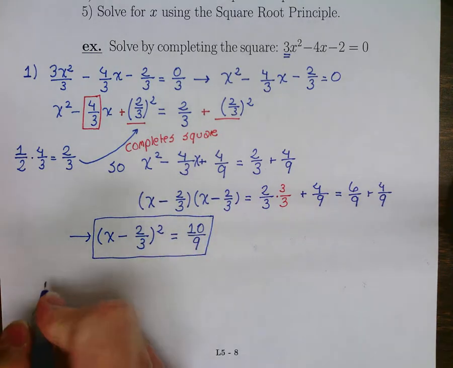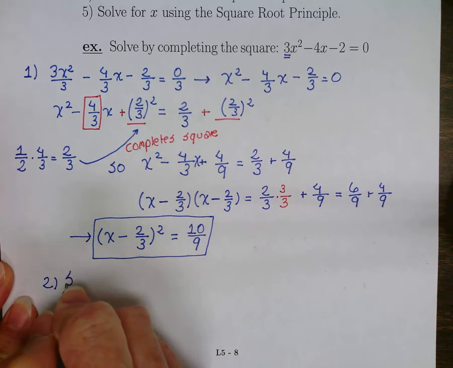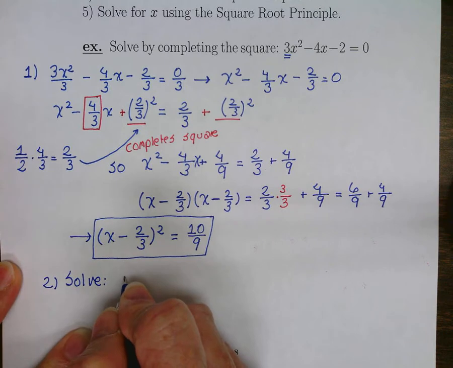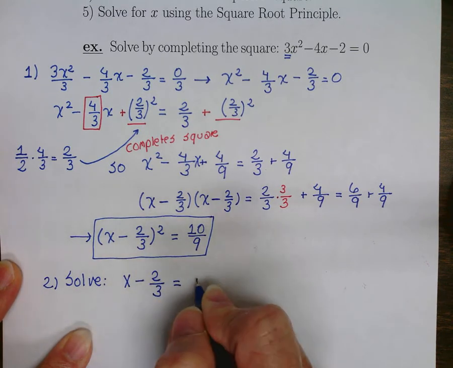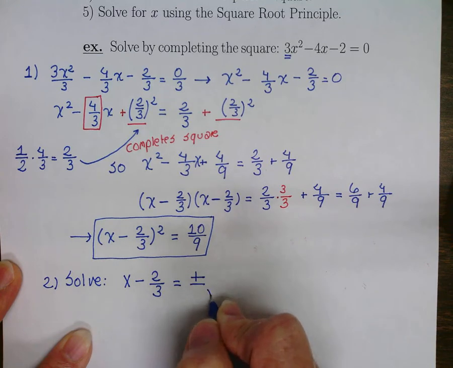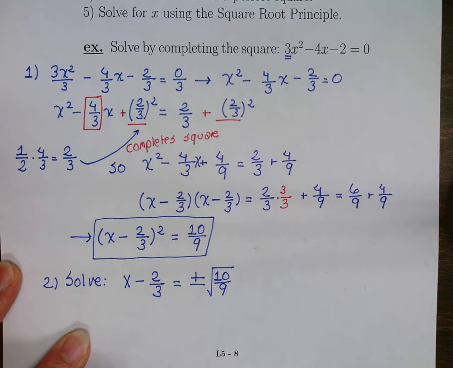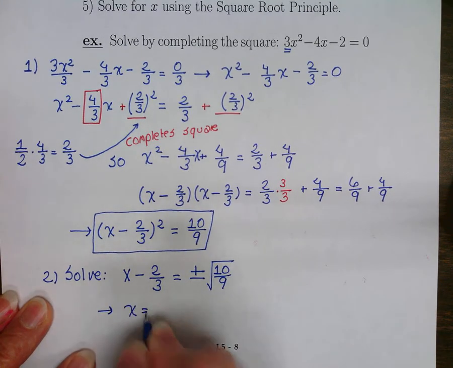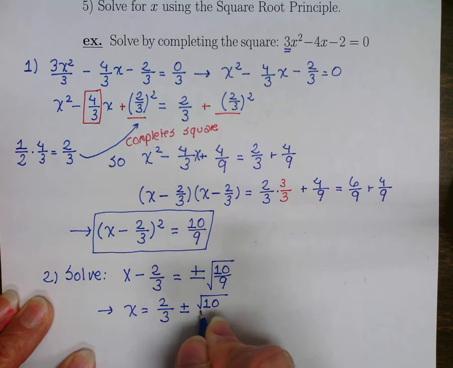Okay, so now we're ready to actually solve the equation, and we know how to do that because we extract the roots. We take the square root of the left-hand side, and remember it's plus or minus the square root of the right-hand side. Okay, so that tells me that x equals 2/3 plus or minus, and if I reduce that, that's just the square root of 10/3.